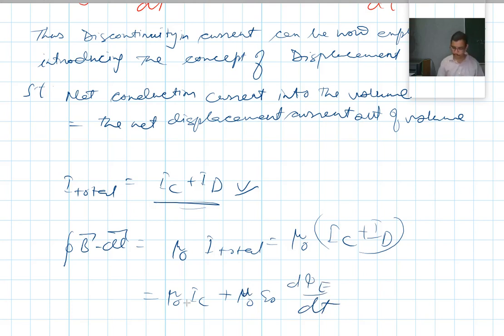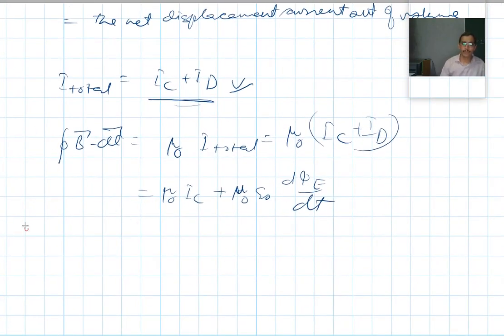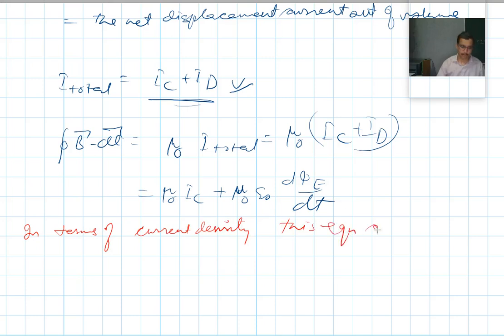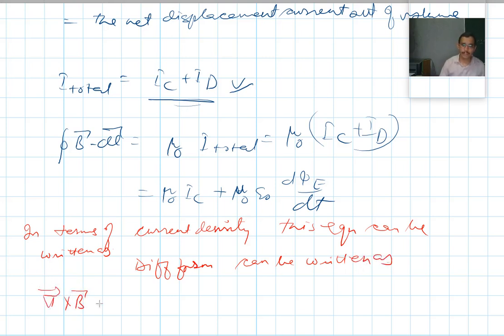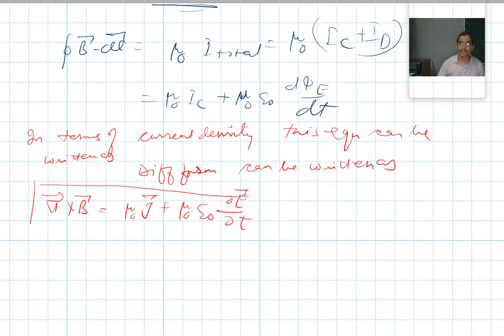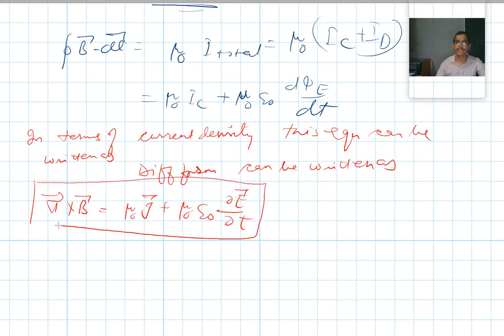And in terms of current density, this equation can be written in the differential form as del cross B is equal to mu naught J plus mu naught epsilon naught partial E by partial t, and this is the modified form of Ampere's law.